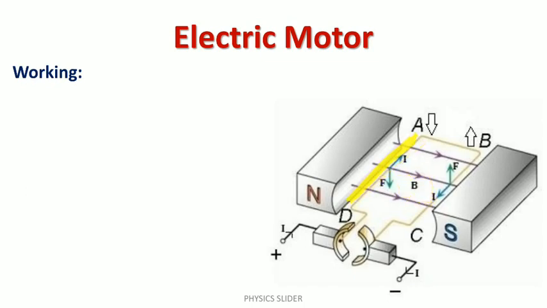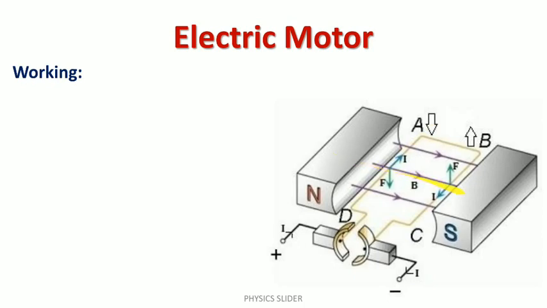We will talk about this side, which is AD. In the side AD, the current is flowing like this. The current is in this direction, and the magnetic field is in this direction.